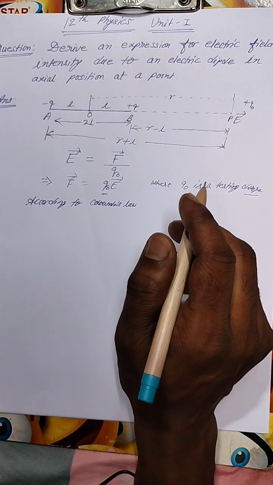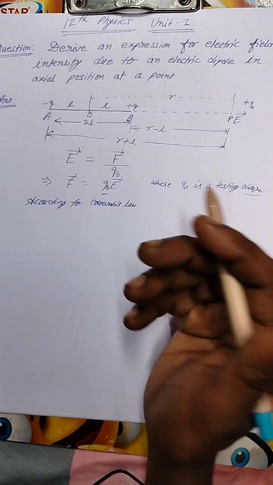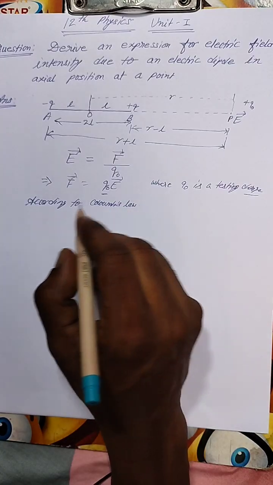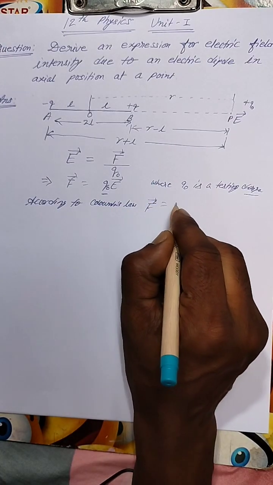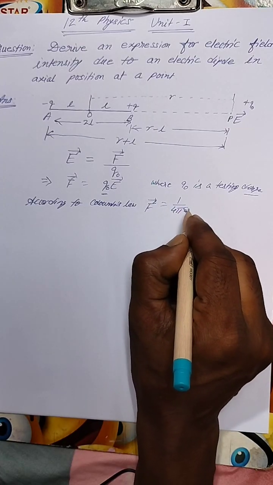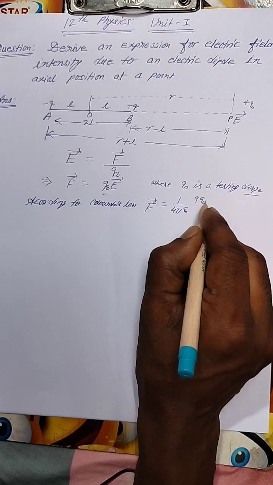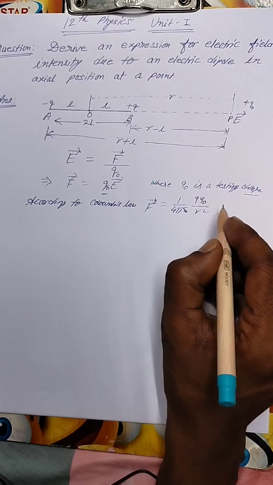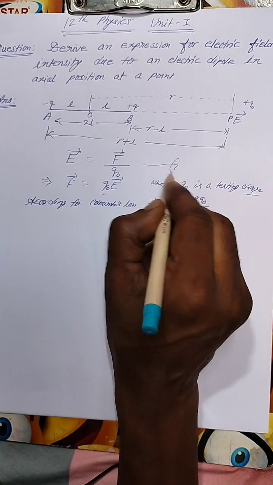In the last short video I have explained, or you can say we know, that according to Coulomb's law the force will be 1 upon 4 pi epsilon 0 q q0 upon r square. Put this value in equation 1.